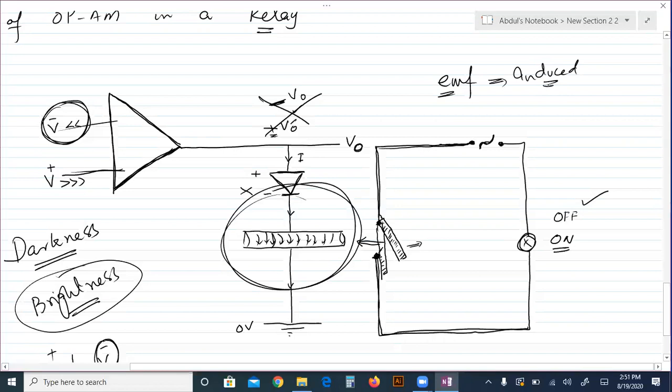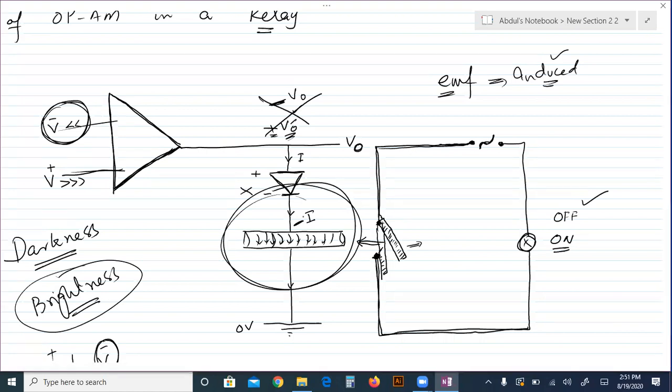And according to Lenz's law, this induced EMF is totally opposite to the source of the magnetic field. So what is the source of the magnetic field? This positive voltage. So definitely the induced voltage will be negative, current will be negative, and this type of induction is called self-induction.